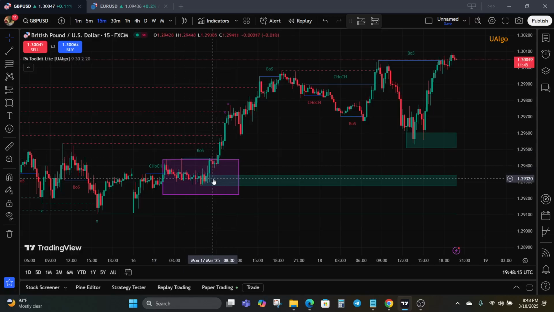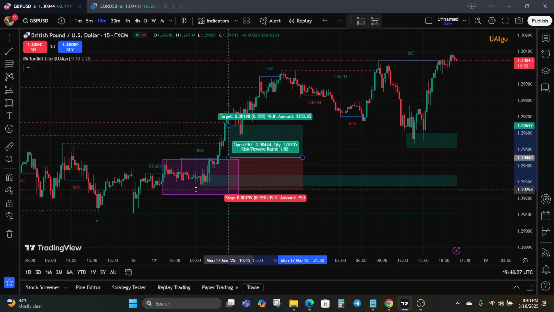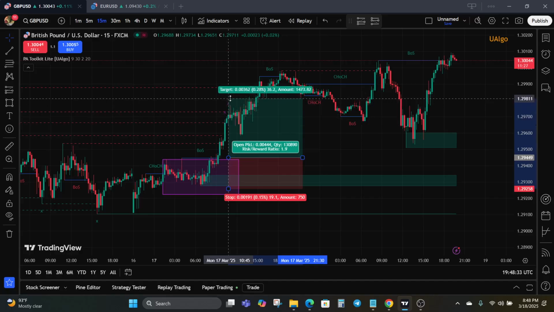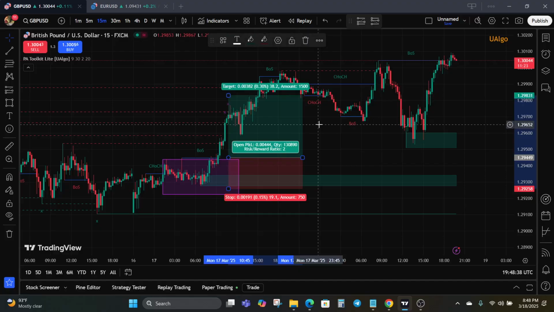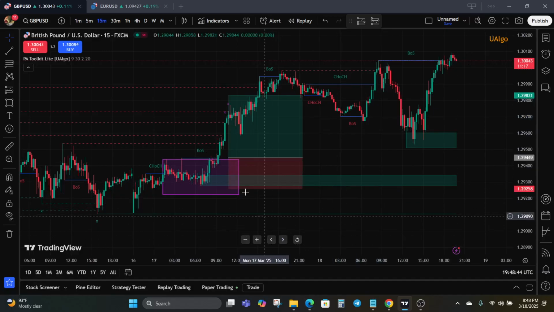So we had a breakout to the upside, and this was a very good buying opportunity. If you had entered a buy trade around here, setting stop loss below the swing low, obviously, and then you can just target a risk to reward of 1 to 2, you can see you would have caught a good number of pips. So this would have been a good trade.